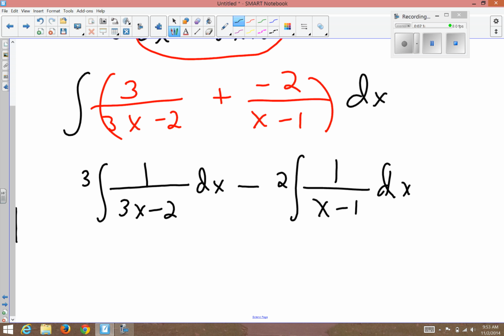For the first integral, if we let u equal 3x minus 2, then du will be 3 dx, which means you can bring this 3 back over here if you want, or make the 3 that you wish was here just appear, abracadabra, then put 1/3 out here.